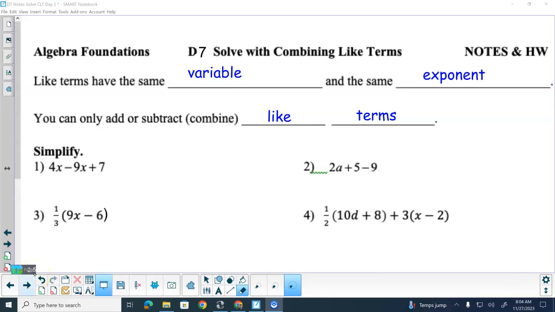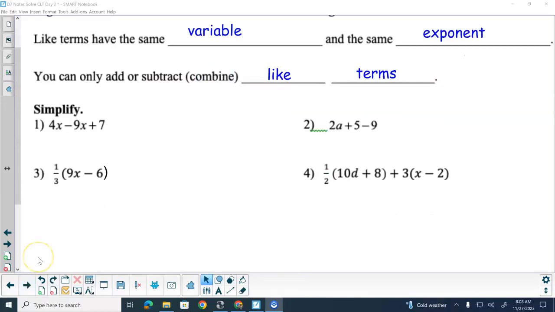So with that being said, as a warm-up, okay, so we'll do these 4 as our warm-up. So simplify these 4 right here. And that's it. Just simplify those 4 and then stop. All right.